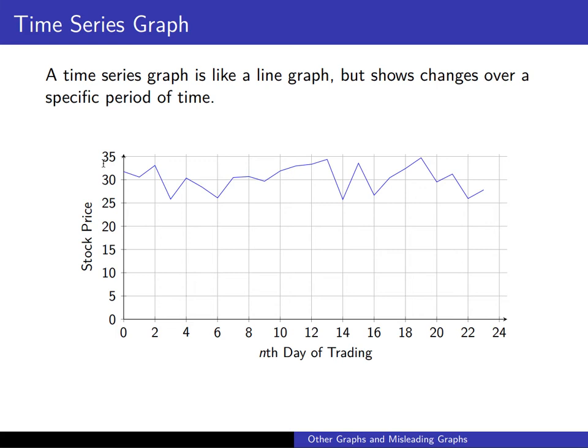It appears that before we opened up the trade on the first day, the stock price was about maybe $32 a share. It dipped down the first day and then rose back up to maybe about $33 or so a share the second day, and it increased and decreased as time went on. So if we're looking at how a value changes over time, a time series graph is perfect for that.